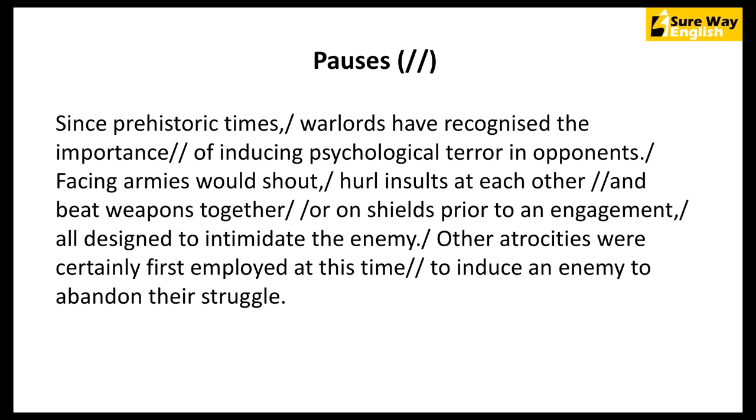But someone else could have just said "warlords have recognized" and put a chunk after that. Just keep in mind that your chunks shouldn't be very small. For example, you shouldn't stop after every two words, and the size of your chunks should vary. For example, the first chunk may be 4 words, then 5 words, then 6 words, and so on.